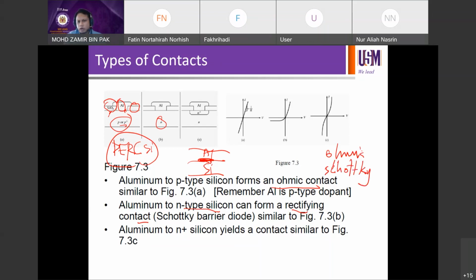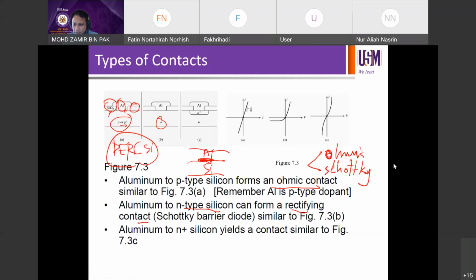Okay, can you still recall what's the difference between ohmic and Schottky? Anyone can recall? How about the current flow on ohmic if you compare to Schottky? Anyone? Ada yang ingat lagi? Ohmic contact, Schottky contact, IV curve. Dua lah.